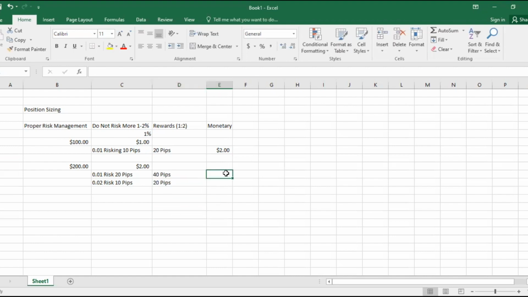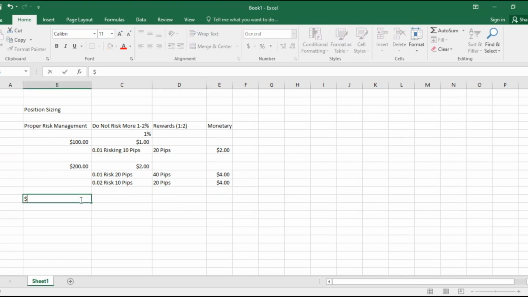If you're using 0.01 lot and target 40 pips, that will give you $4, and this one will give you $4 as well. So you can see your risk to reward ratio is 1:2. You're risking $2 to make $4, or you're risking $1 to make $2. So at the end of the day, it becomes a profitable business.